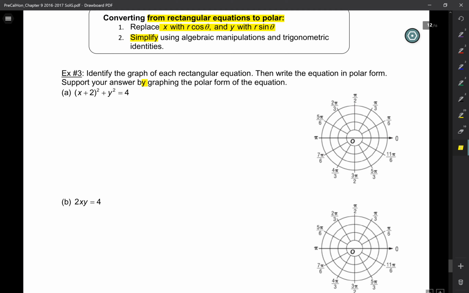In fact, the radius is the square root of that number. Okay, and the center is h comma k. From here we get -2. And the y has nothing next to it, so it's 0.